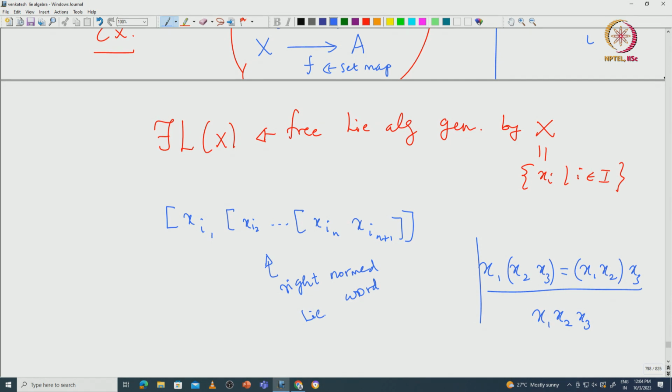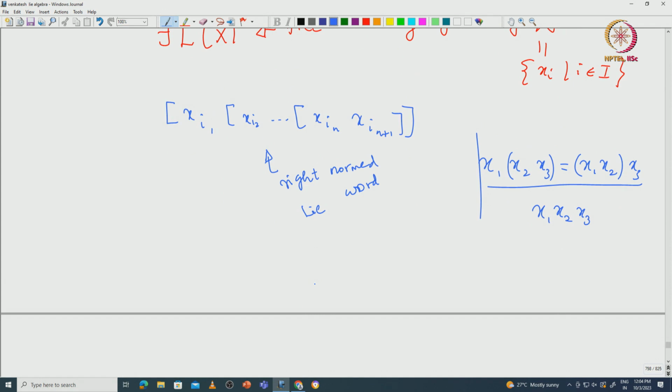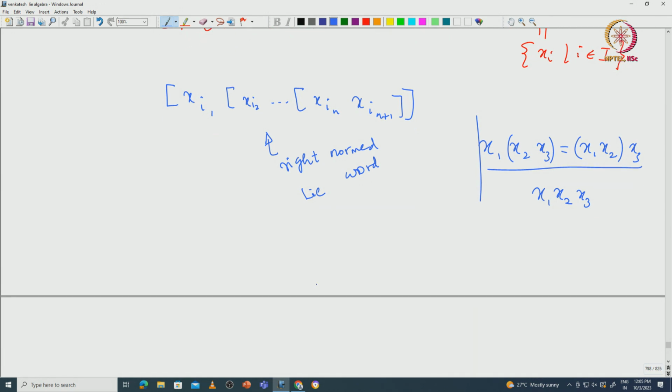But again, this is not the only way to get a Lie monomial. A more general Lie monomial will be a right normed word of right normed words.